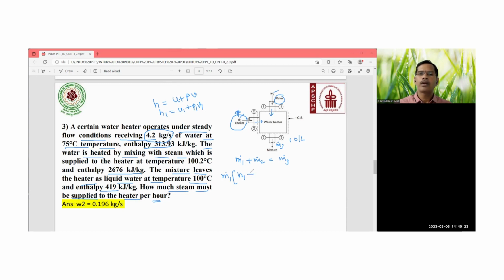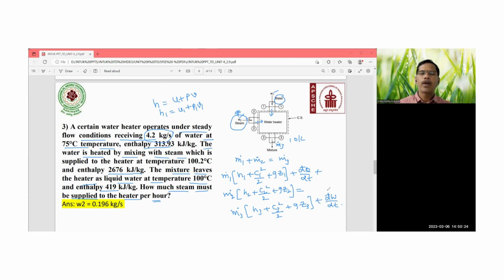But here I can directly use m1 dot into H1 plus C1 square by 2 plus g Z1 plus the heat term d bar Q by dt, plus the second case m2 dot into H2 plus C2 square by 2 plus g Z2, is equal to the outlet section, m3 dot into H3 plus C3 square by 2 plus g Z3 plus d bar W by dt.